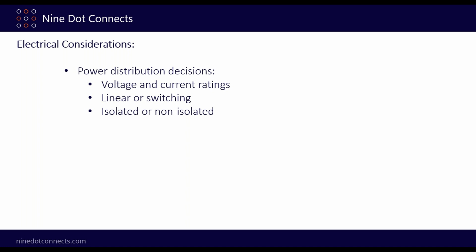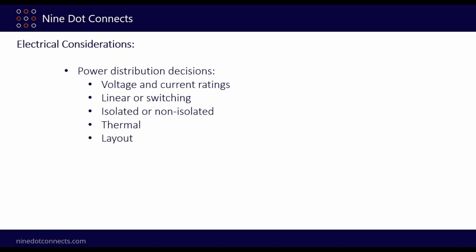Isolated versus non-isolated. If you've got safety issues or other reasons you have to have it isolated, it's nice to know early, because then you can design your board and your chassis or your whole system based on that. Thermals, of course, are important. Most of the hotter components are in your power supply, so you want to make sure you lay those out and don't put them near sensitive components like imagers or any kind of circuit that's sensitive to temperature.